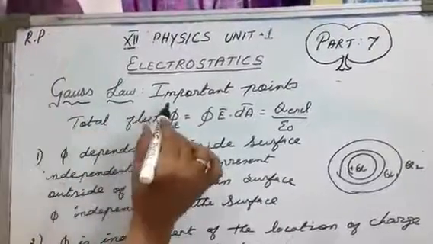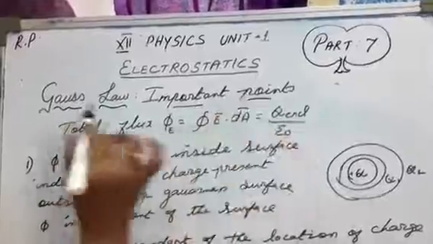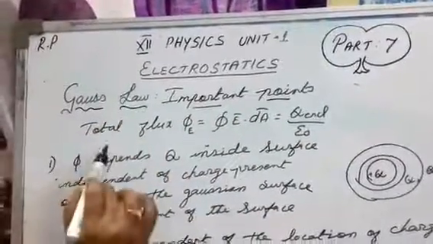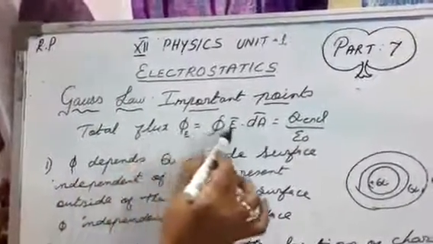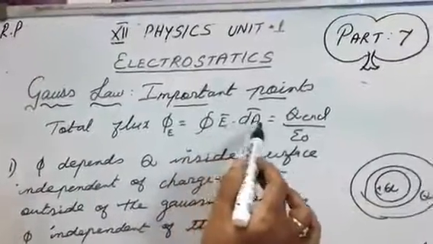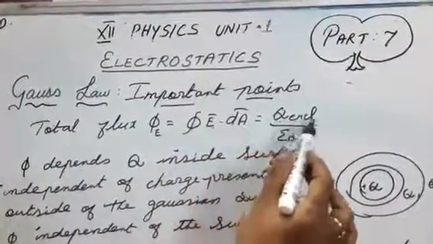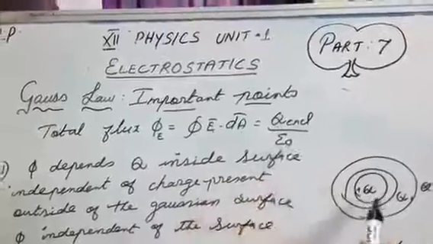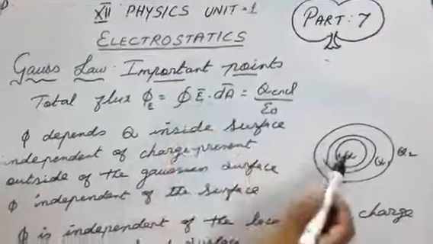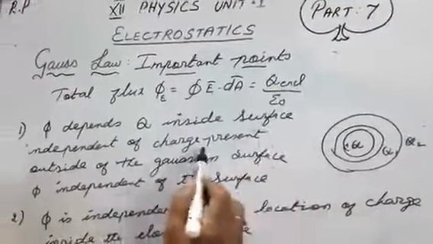And next we can see some important points of the Gauss law. Here the total flux phi is equal to the closed integral of E vector dot dA vector equal to q enclosed by epsilon naught. Here the phi depends on q which is present inside the surface.